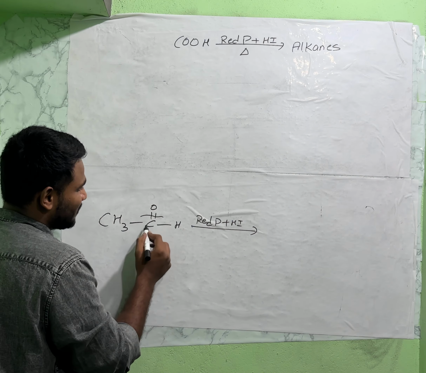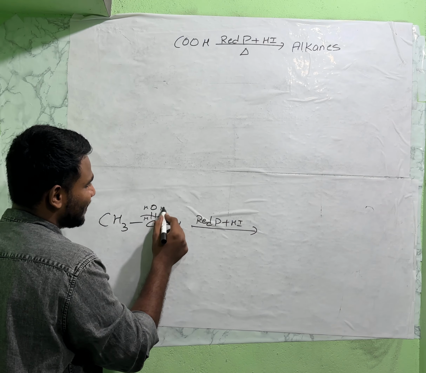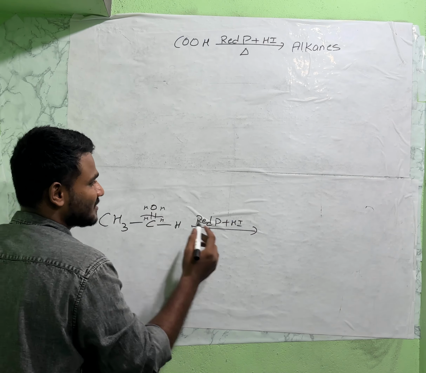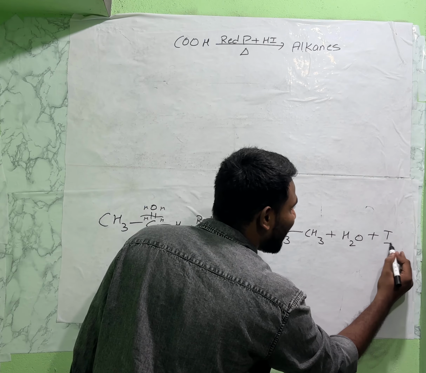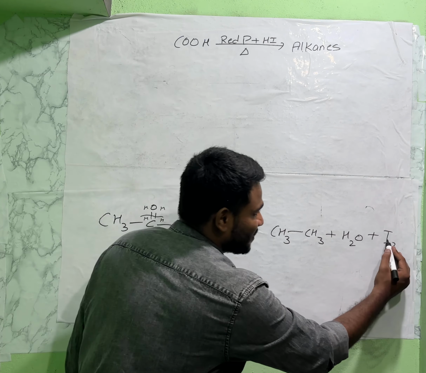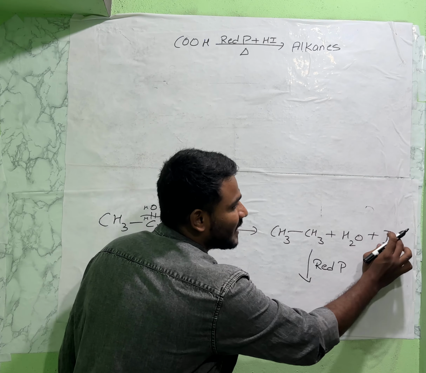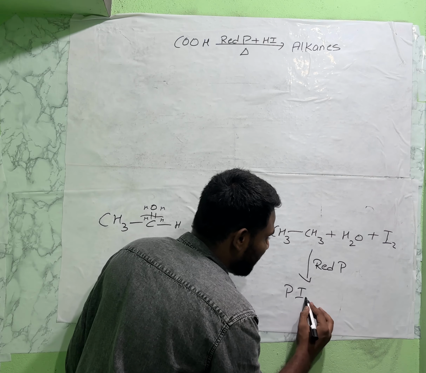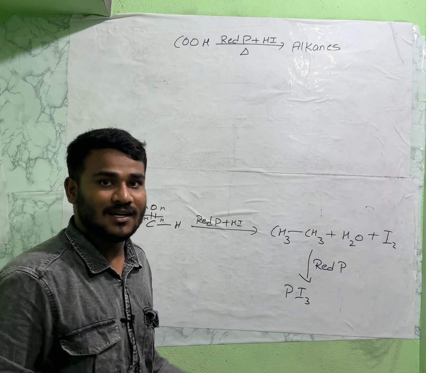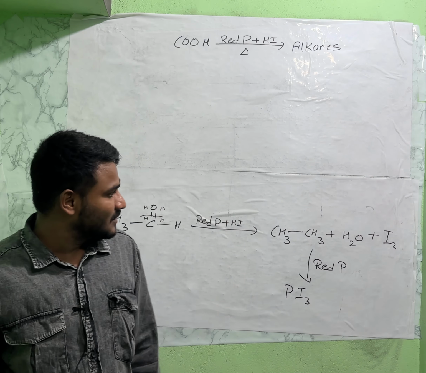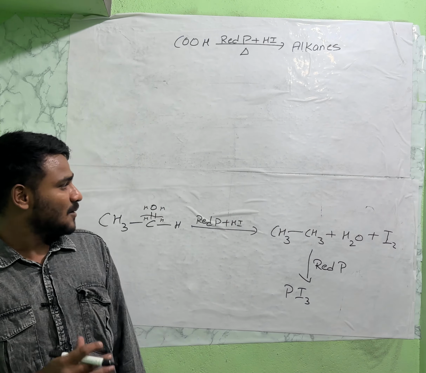Break these bonds, add H. What happens? CH3 plus H2O plus I2. To avoid this alkane and halogen reaction, we take red phosphorus. This red phosphorus will take the halogen and form PI3, and we will get the alkane product over here. This is about the red phosphorus plus HI reaction.